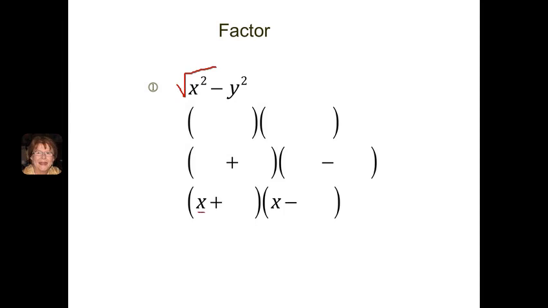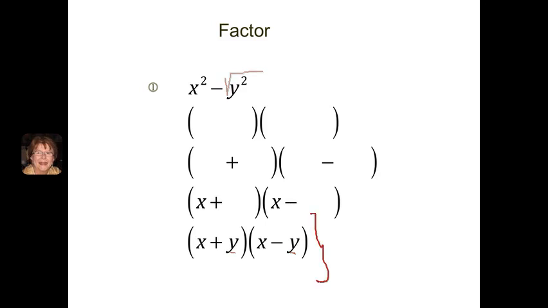This is the first term in each factor. The square root of the second term. Square root of y squared is y. That is the second term in each factor. Our factors are x plus y times x minus y. Did you get that?